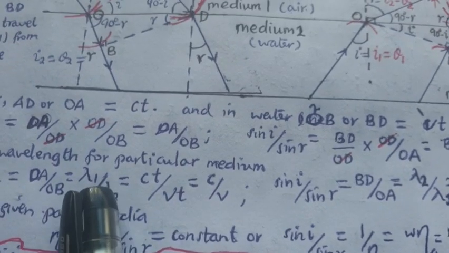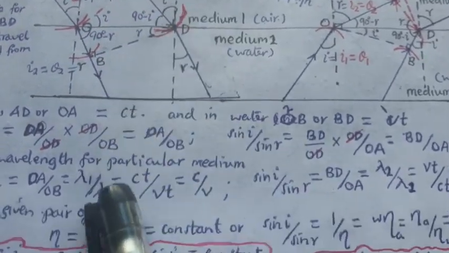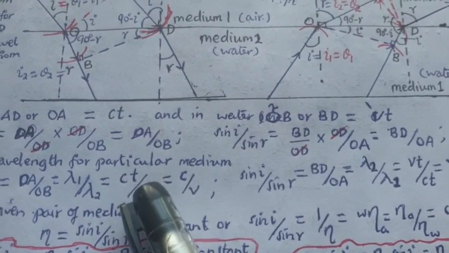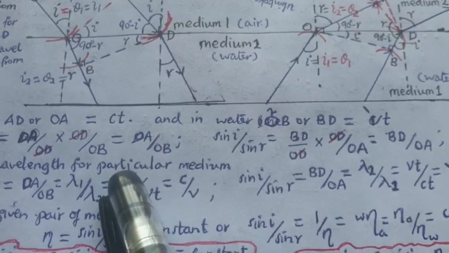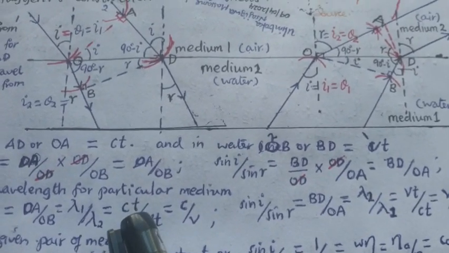Okay, now the displacement is equal to CT for medium 1, and the displacement for medium 2 is equal to VT. This is the velocity for medium 2, and the velocity for medium 1, which is less than that of medium 2.